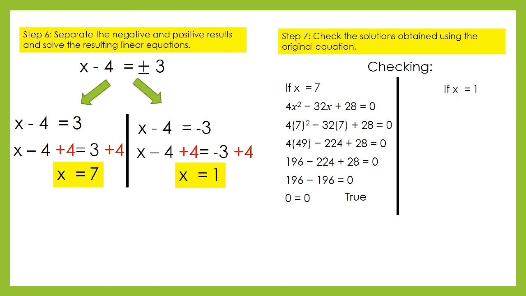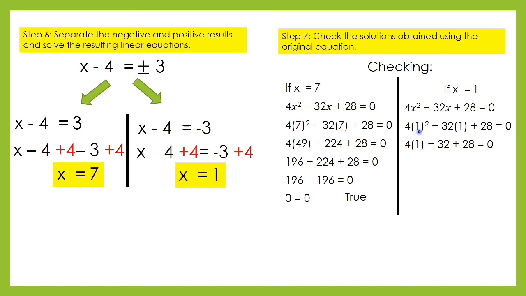x equals 1. This is our original equation. Substitute the value of x, which is 1. 4 times 1 squared minus 32 times 1 plus 28 equals 0. So we have 4 times 1. 1 squared is 1.